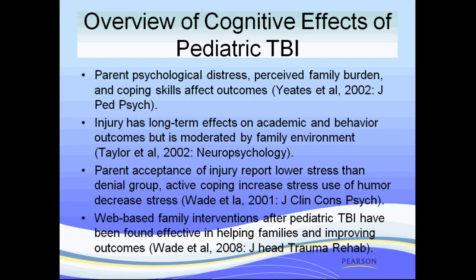Those who had active coping styles tend to be more stressed out than those who were more humored and laid back about problems. There are some web-based family interventions that have been getting some attention. I didn't personally do this, but I worked with some folks who did something called cognitive prosthetics.